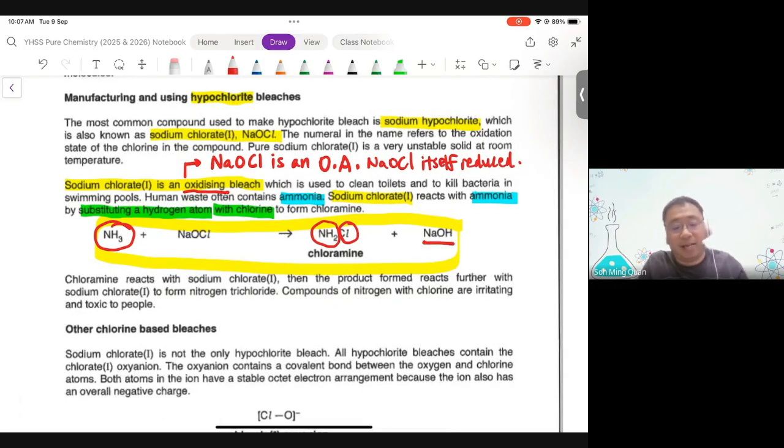And in the process, it produces NaOH. So now, even without looking at the question, I know they're going to test you on this. Why should it only stop at replacing 1 H? Why can't it go on? There are 3 hydrogens, right? So why can't all 3 hydrogens be substituted? The answer is it cannot.